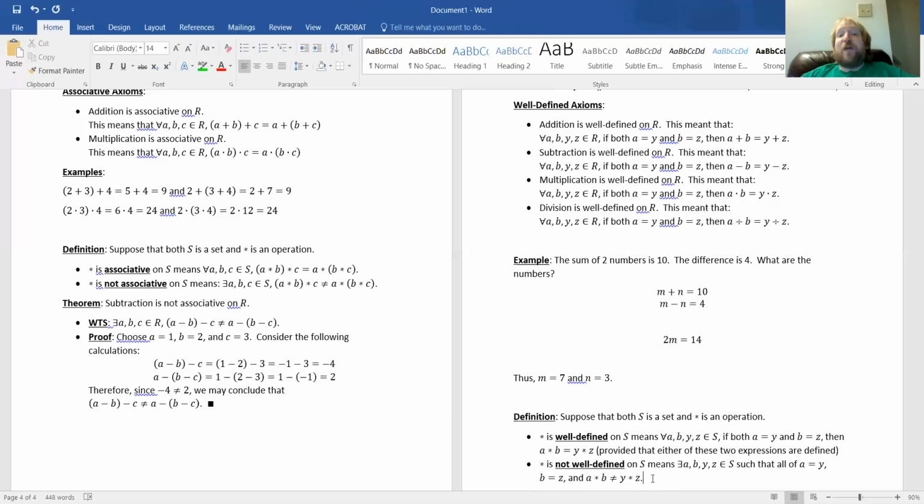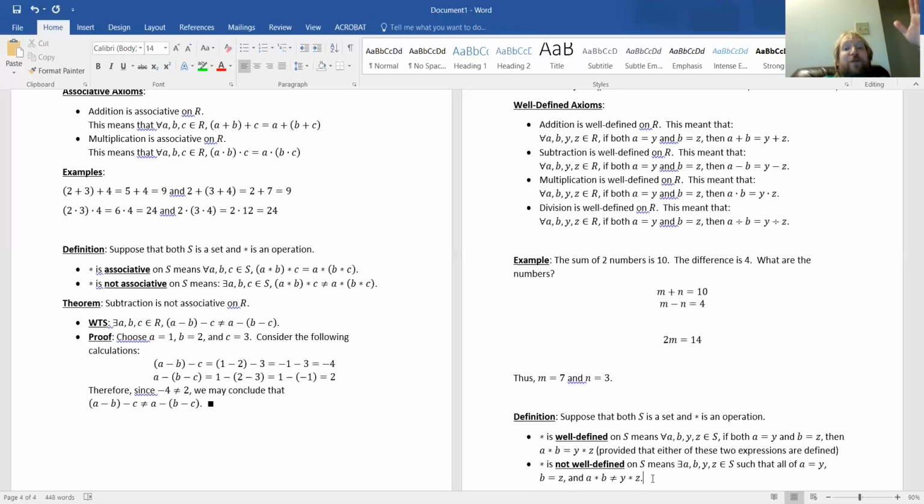Now, this is a fancy way of saying that a star b can equal two different things: either a star b if you look at it directly, or y star z, which is different if you sub in y for a and z for b. So you might ask, if all four of our familiar operations, addition, subtraction, multiplication, and division, are well defined, is there any operation that isn't well defined?